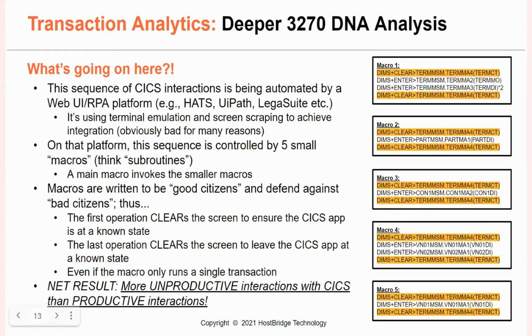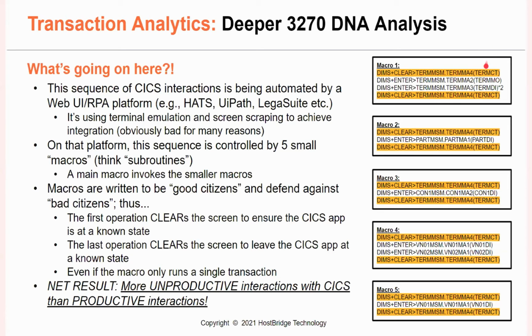And that is that through this analysis, we were able to clearly show that there are more unproductive interactions with CICS than productive interactions. Let me state that again more concretely. Their overall transaction load, the number of transactions they run within any given period of time, is 50% higher than it needs to be.